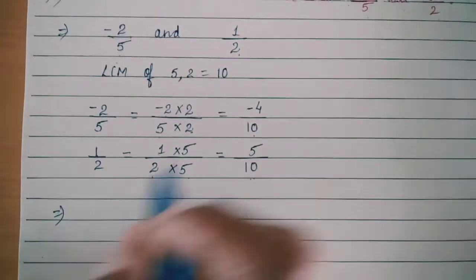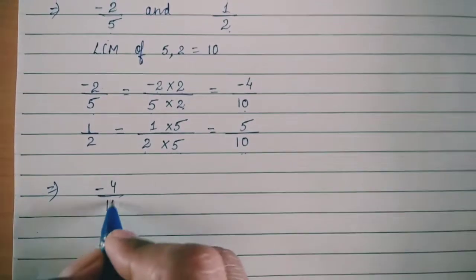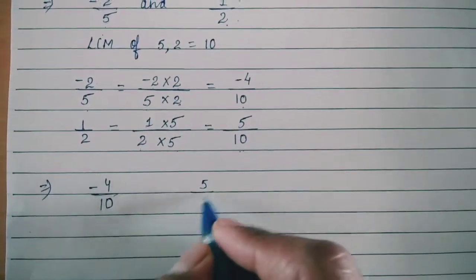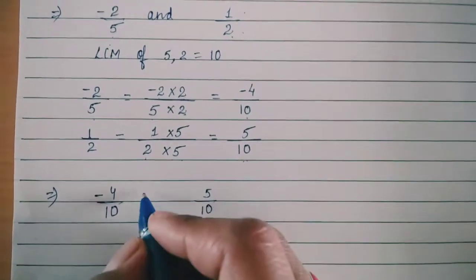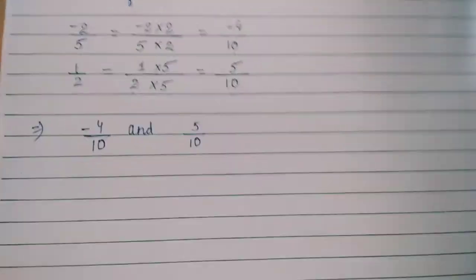Now minus 2 upon 5 became minus 4 upon 10, and 1 upon 2 became 5 upon 10. You can see they have the same denominator.